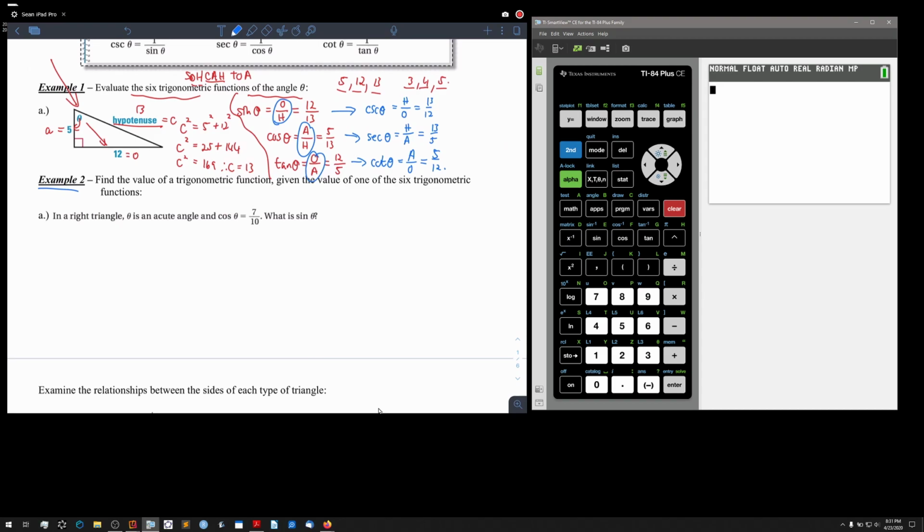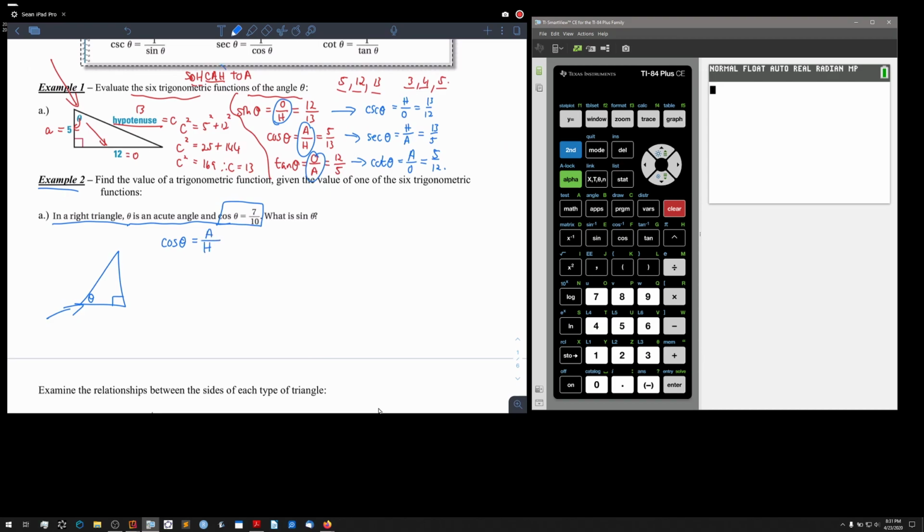So here's the setup. In a right triangle, okay, so there's a right triangle. Theta is an acute angle, okay? There it is, there's theta. And cosine of that angle is 7/10. So if I look here, from the perspective of this angle, remember cosine of theta is adjacent over hypotenuse.